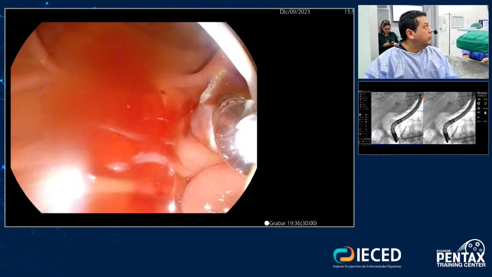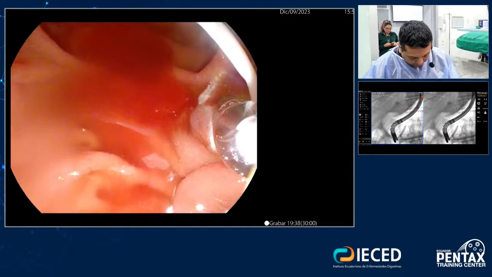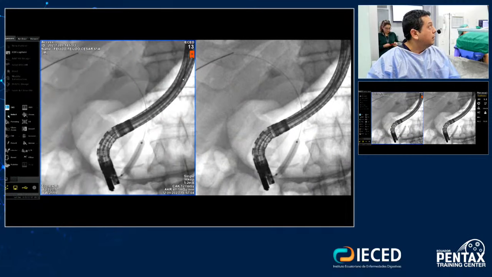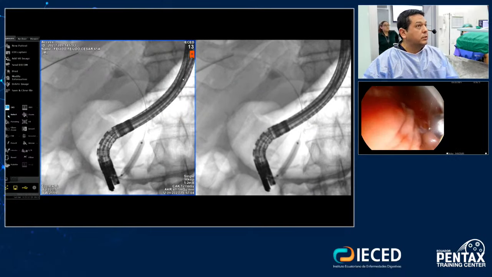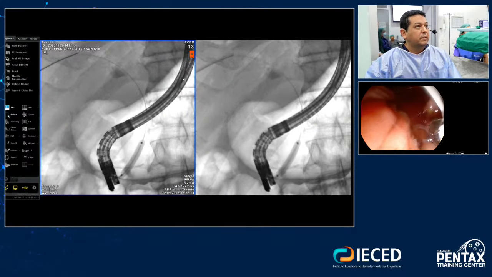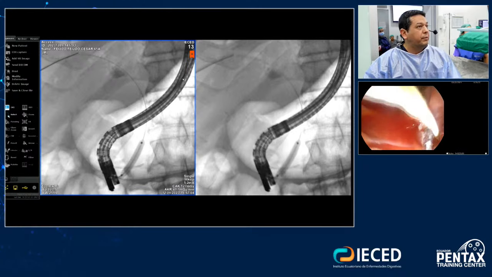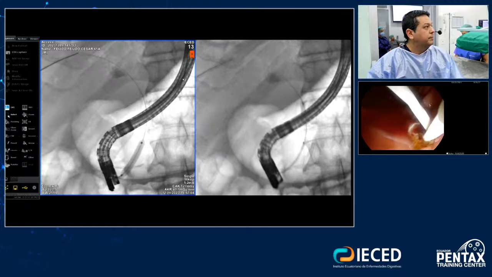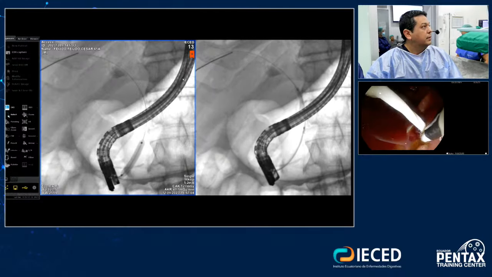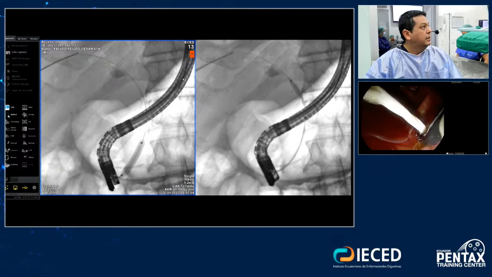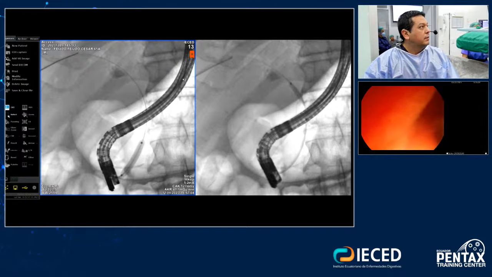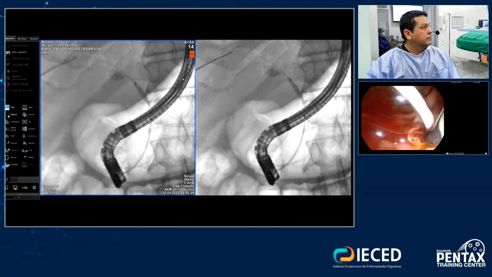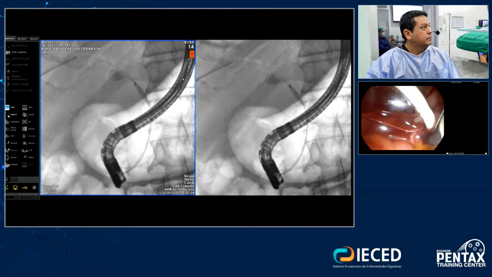You can see the balloon. En grande la rayos X, por favor. Perfecto. So now desinfla and I will perform a balloon dilation from inside. Dilata ahí. Todo.